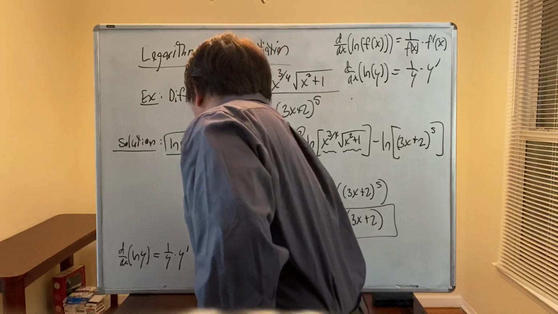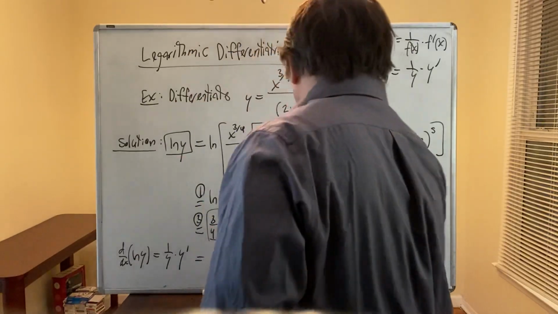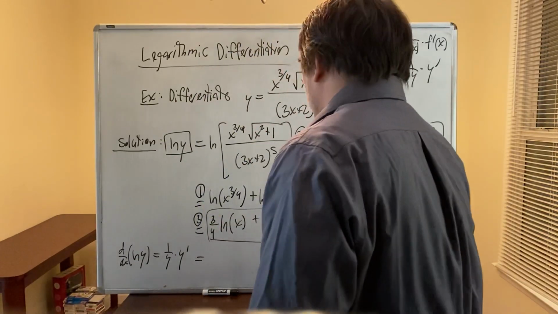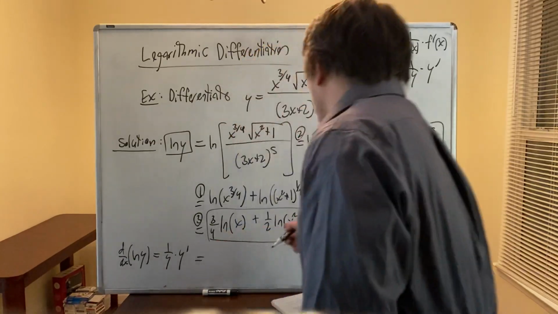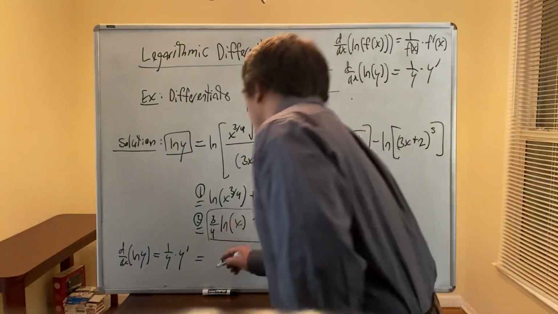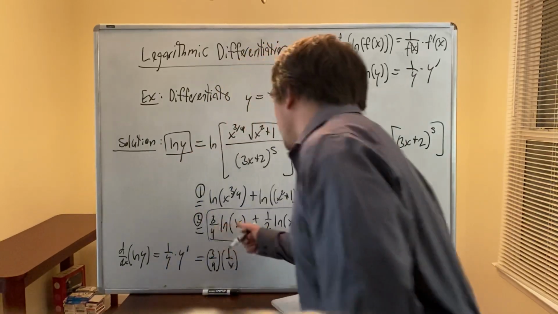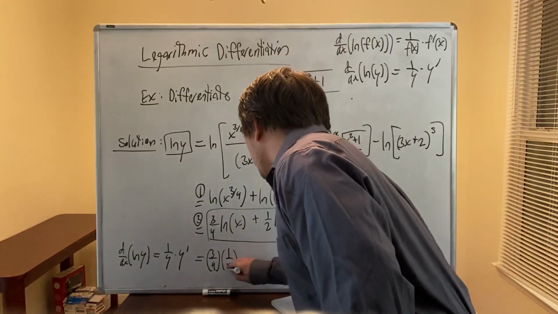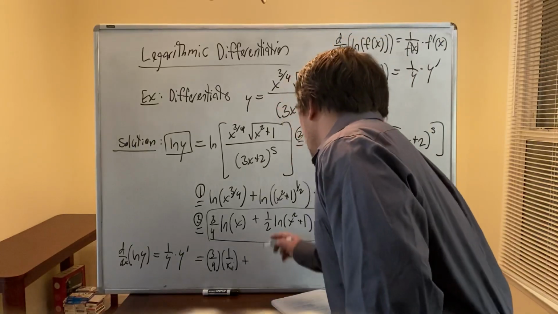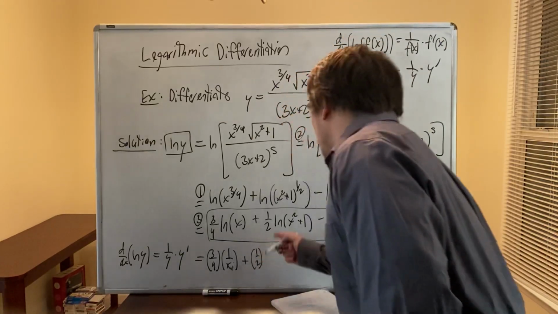Well, d dx of ln of y is just the derivative of that. So what is the derivative of this? It's the derivative of this plus the derivative of that minus the derivative of that. That's 3/4 times 1 over x. The derivative of 3/4 ln of x is 3/4 times 1 over x, plus 1/2 times the derivative of that.